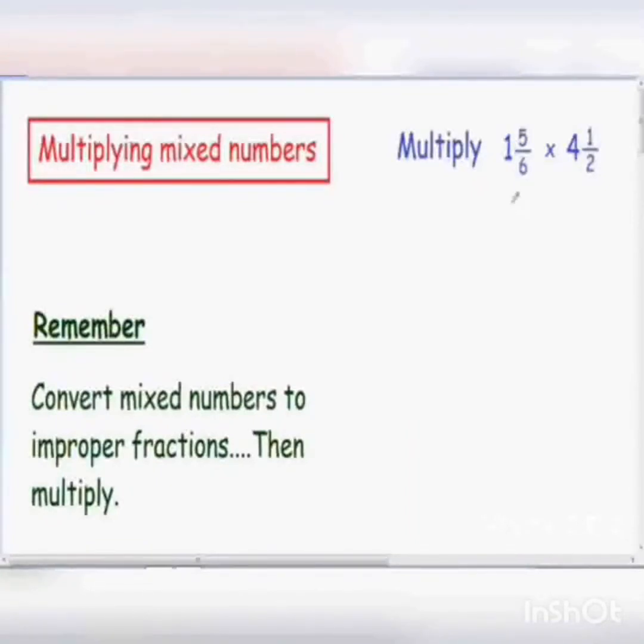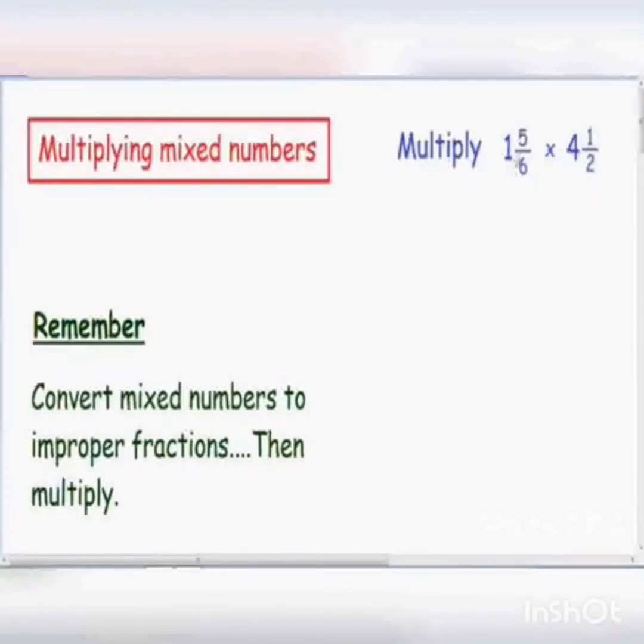Now the third thing we are going to look at is multiplication of mixed fractions. But we must remember, when doing this, we cannot separate whole numbers, but we change to improper fraction. You change each mixed number to improper fractions.